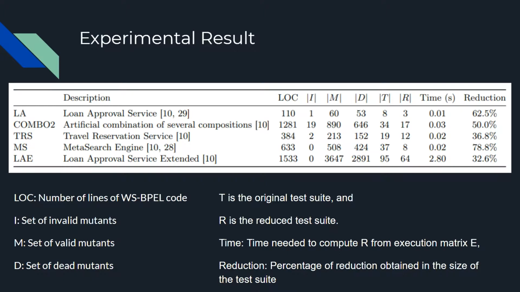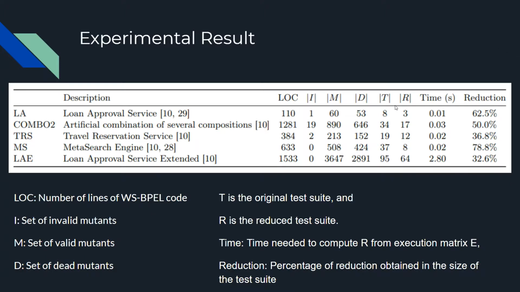T is the original test suite. And R is the reduced test suite. The last two columns represent the time needed to compute R from the execution matrix E, and the reduction stands for the percentage of reduction obtained in the size of the test suites.